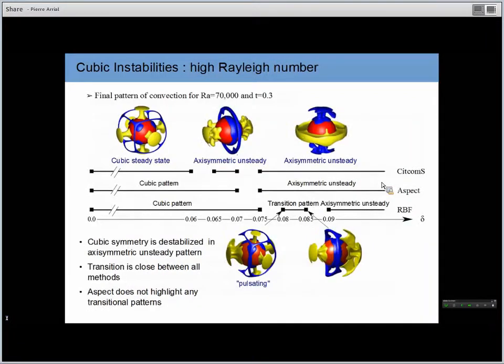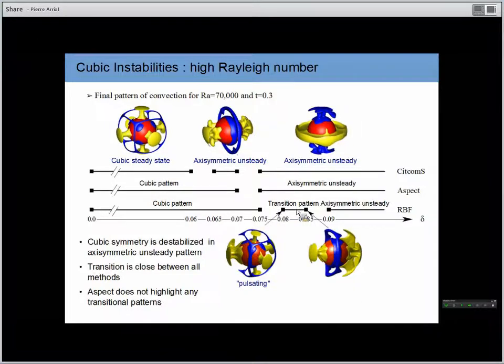So we can now do the same comparison at a higher Rayleigh number. Here it's similar figures to those I already showed you, at a Rayleigh number of 70,000. We can first notice that the amount of perturbation needed to destabilize the cubic steady state is really small: 0.06 for CitcomS, 0.07 for ASPECT, and 0.75 for the other.